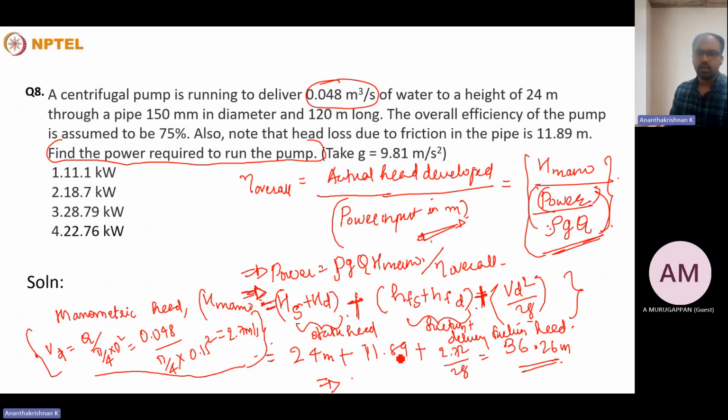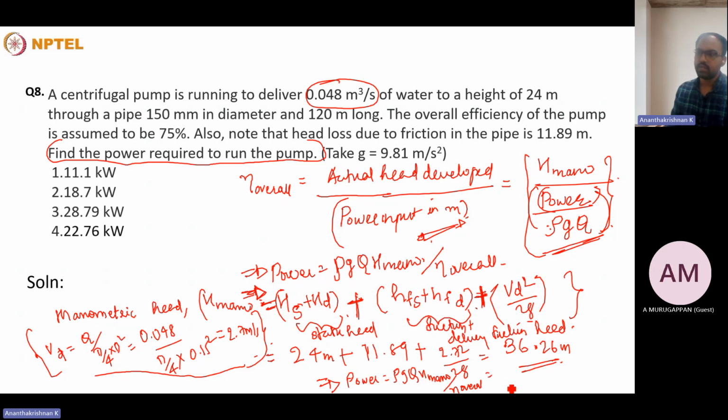The overall efficiency is given as 0.75. We can calculate power as rho g Q H mano divided by overall efficiency.